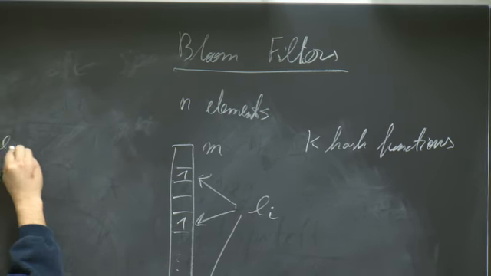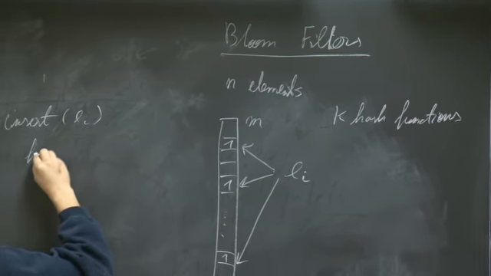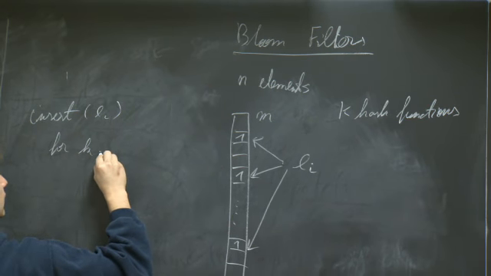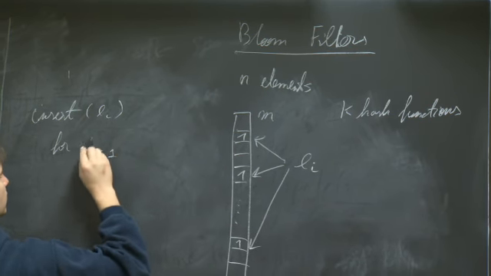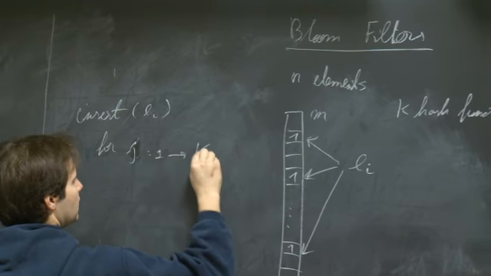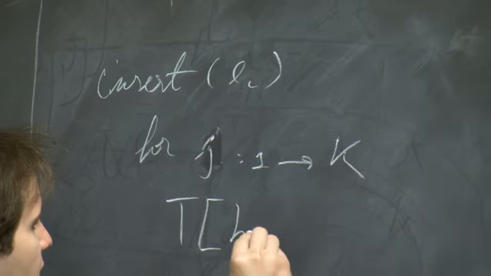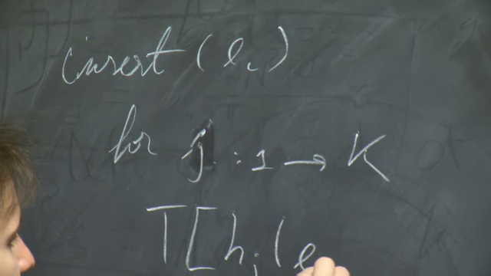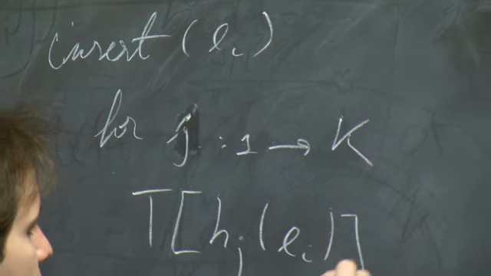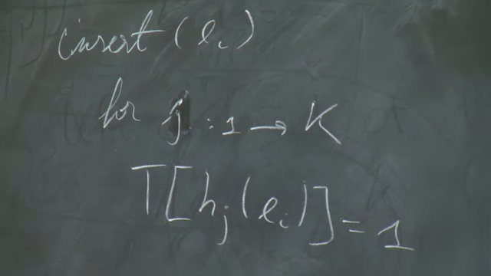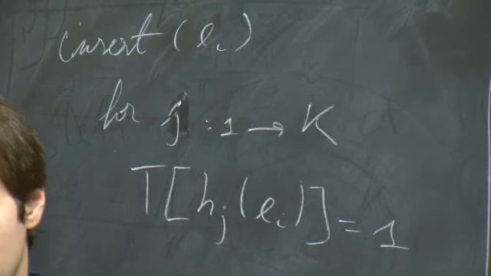So insert Ei becomes: for j in 1 through k, the table bit corresponding to the hash function j of the element is 1. So each element sets k bits to 1.